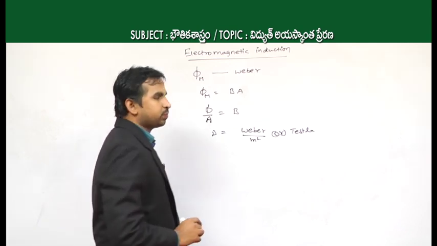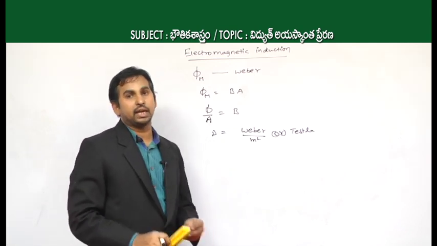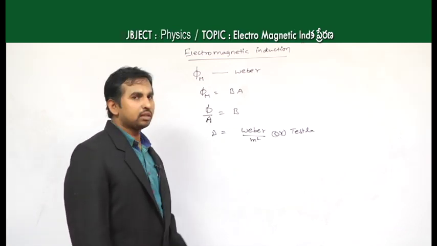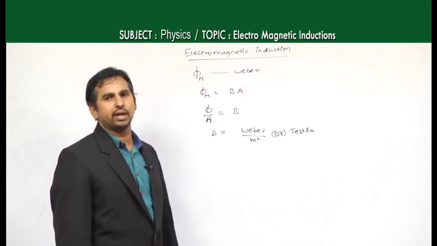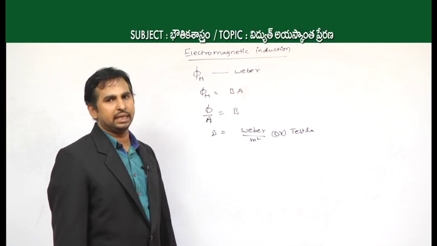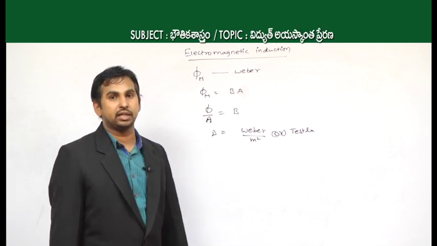The magnetic flux per unit area we call magnetic field strength, whereas magnetic flux is the number of magnetic lines passing over an area.